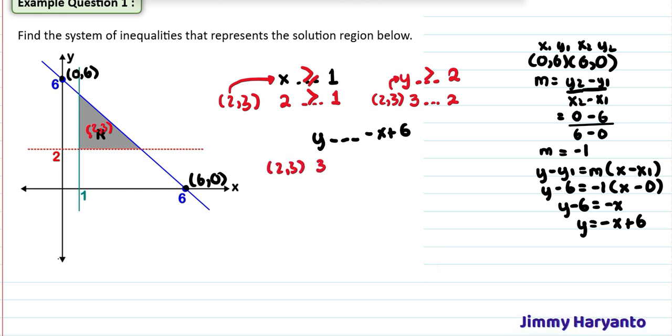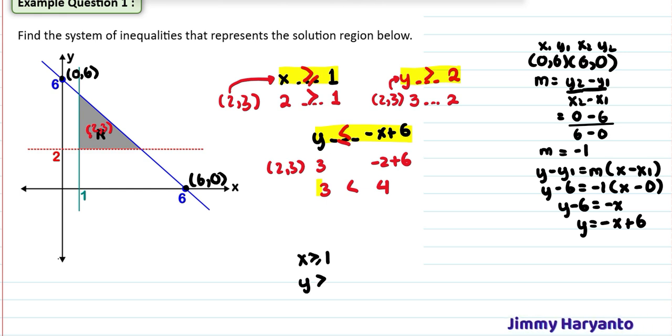You input it like this, 3 and 4. 3 is less than 4, so this one is less than, and we have to put equal to since the blue line is a straight line. This is how you determine the inequality. So the final answer will be x greater than 1, y greater than 2, and y less than or equal to negative x plus 6.